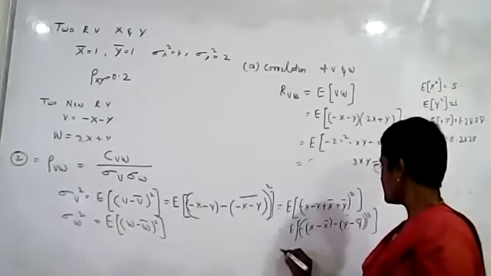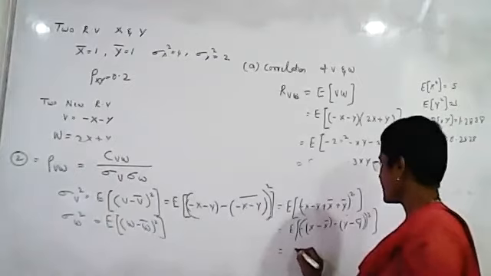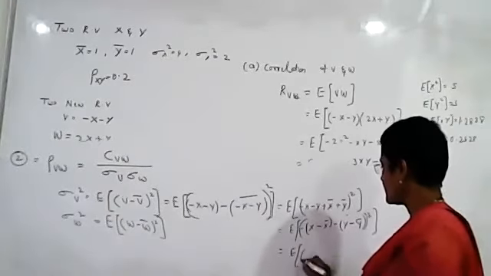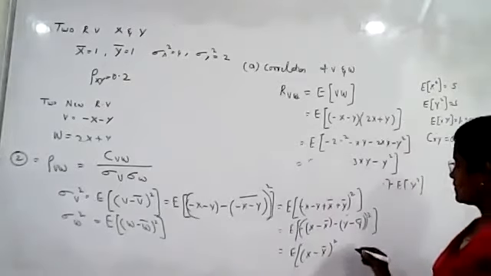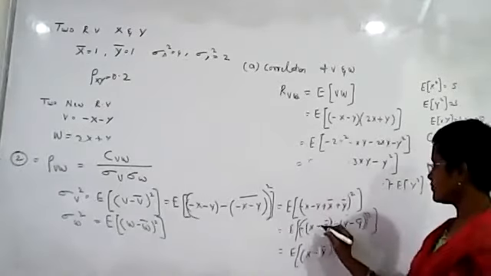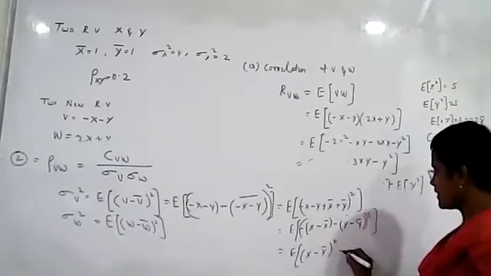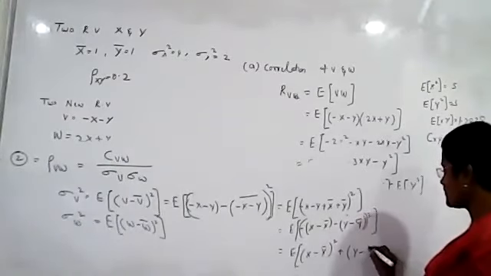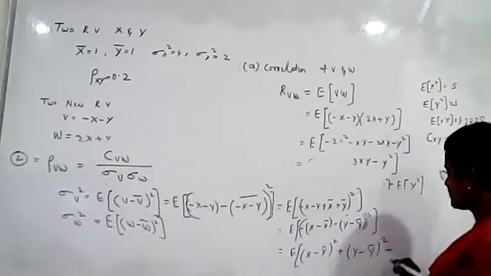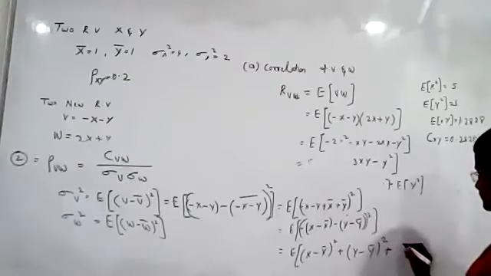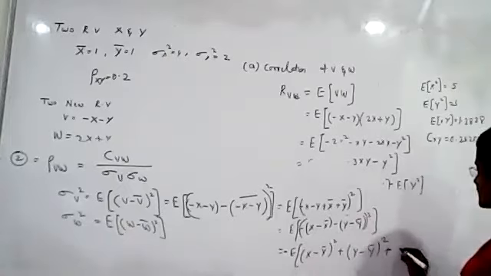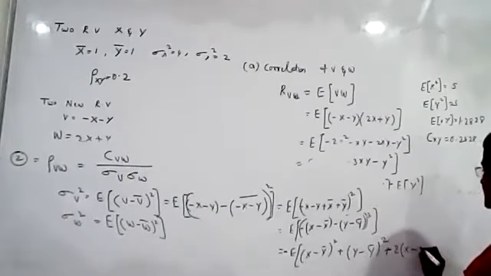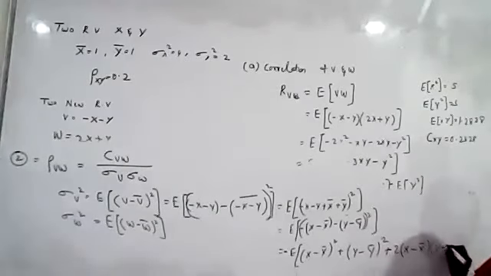If you expand, this is expected value of x minus x bar whole square, and here also plus y minus y bar whole square, plus, since you take minus outside, we get minus here, so it is plus 2 times x minus x bar, y minus y bar.